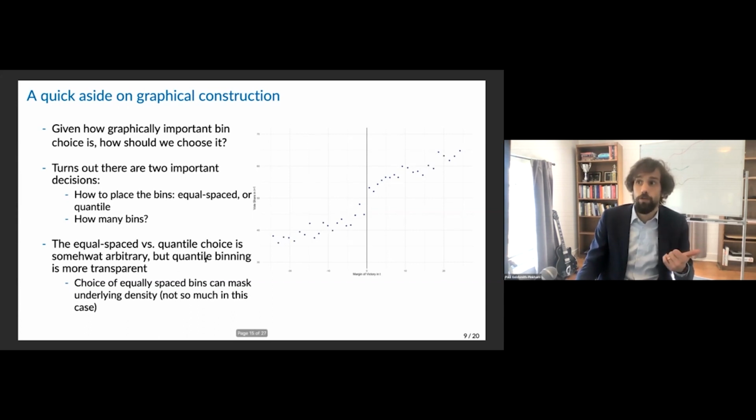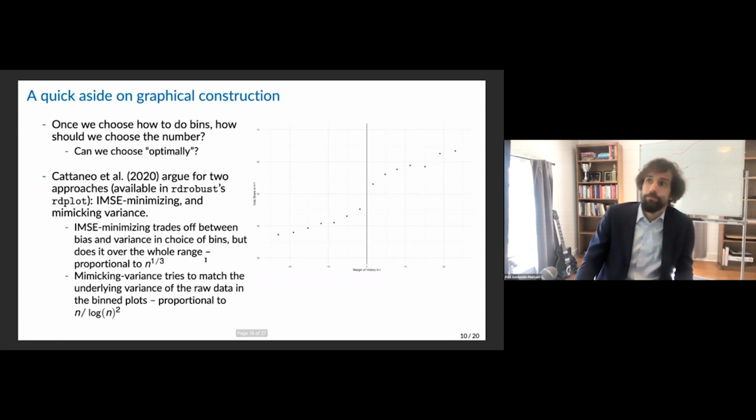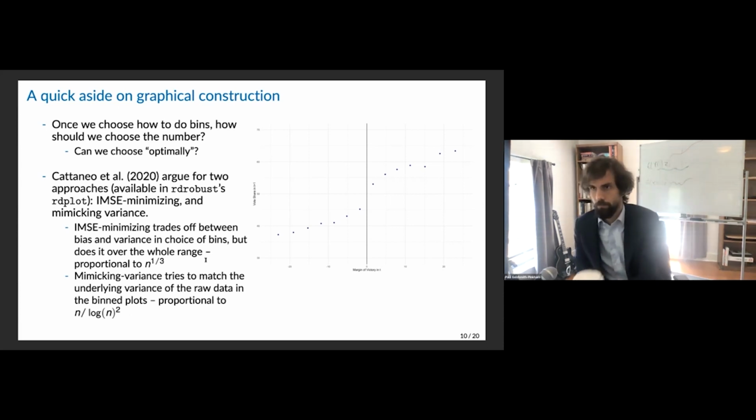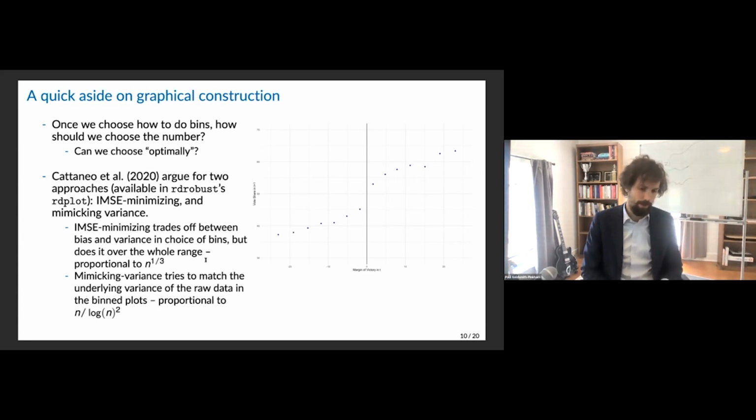So that's the first question: how do you place the bins? And then the question is, how do we choose the number of bins that we want to use? Can we choose optimally, quote unquote? Here's where things get a little complicated.